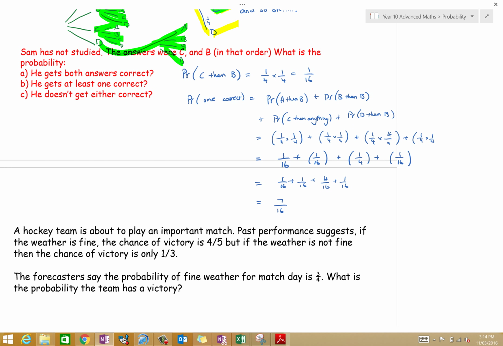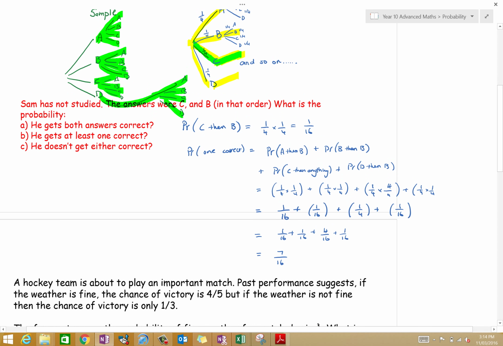However, what is the probability he doesn't get either correct? How many of those were options? He doesn't get either correct.